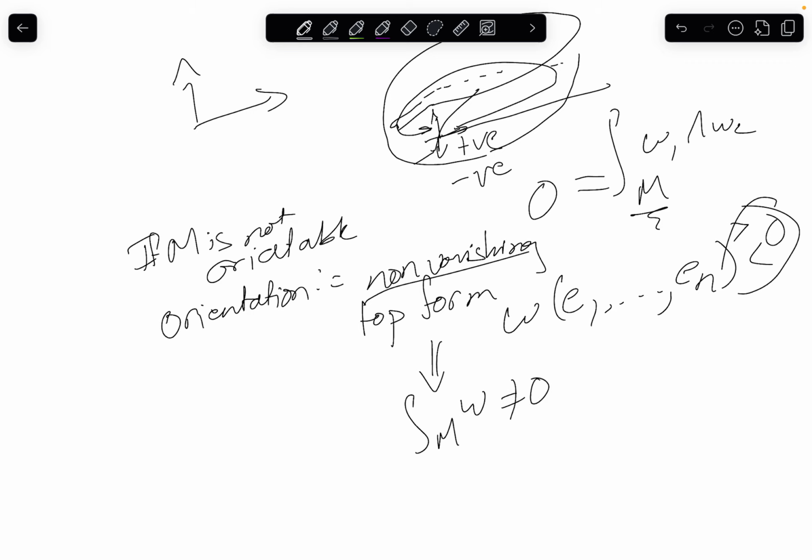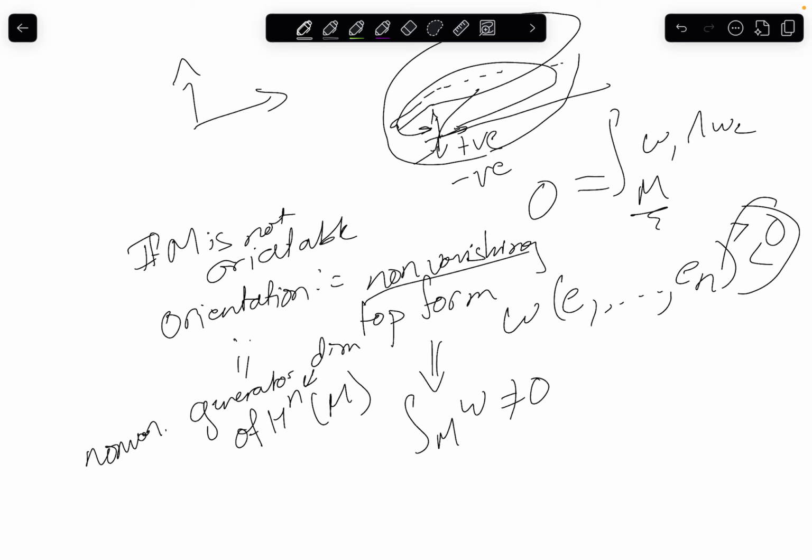And so you can define an orientation to also be a generator of Hn of M, where n is the dimension. I should say non-vanishing, I guess. Yeah, so you can take it to be a non-vanishing top form, and that's a definition of an orientation.